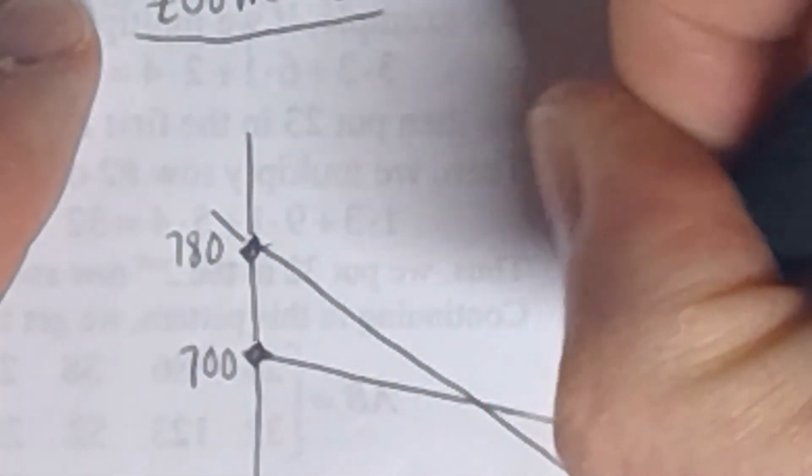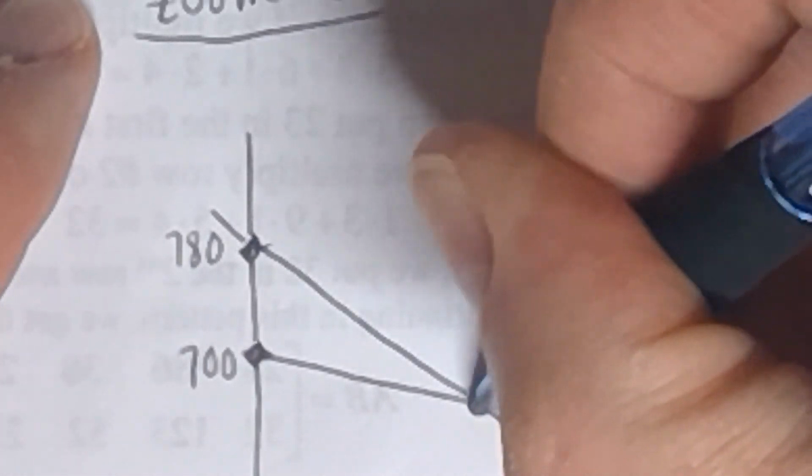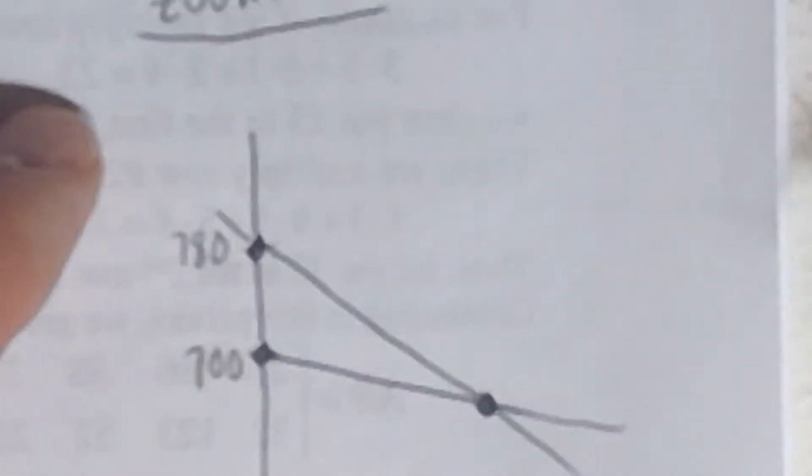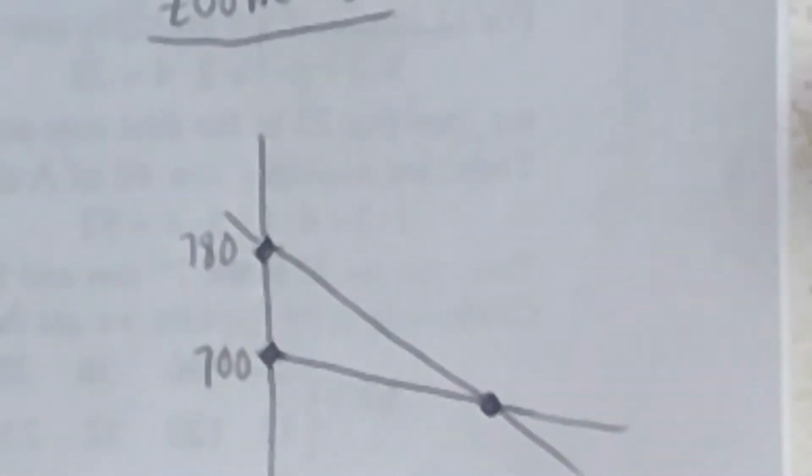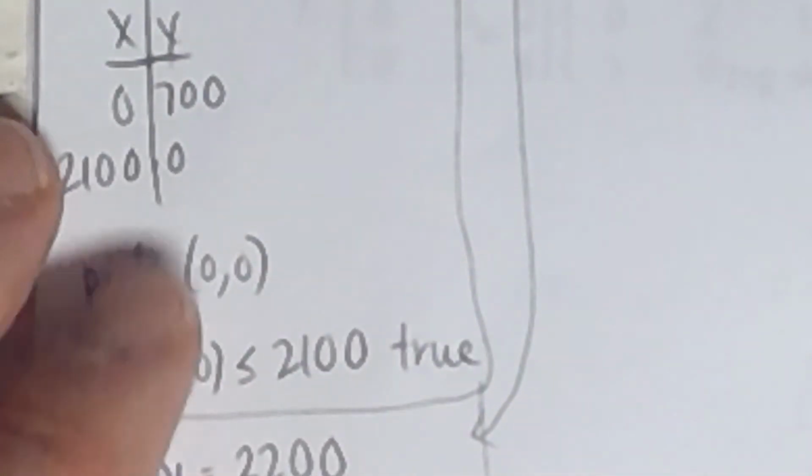Okay. If you look at the 780, where did that match up with? The 780 matched up with the 1300, right? But the 700 matched up with 2100.